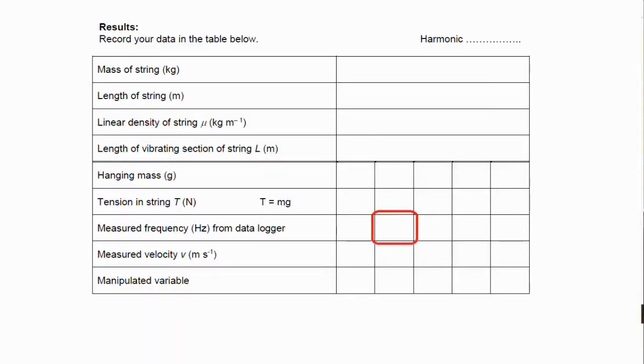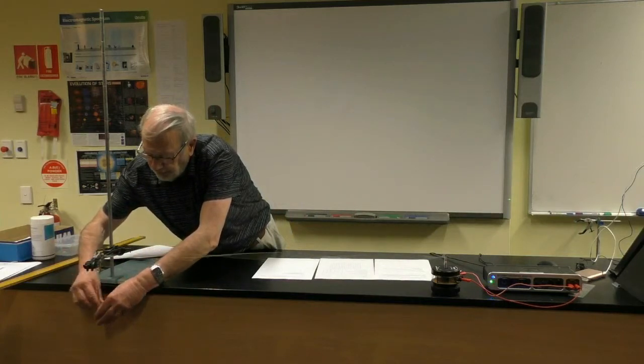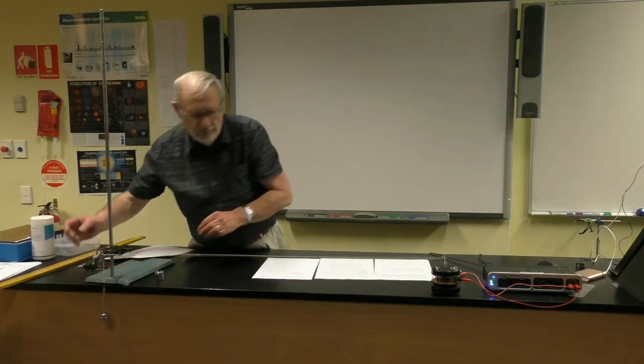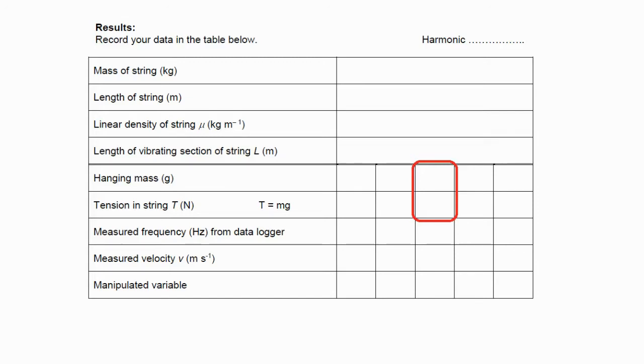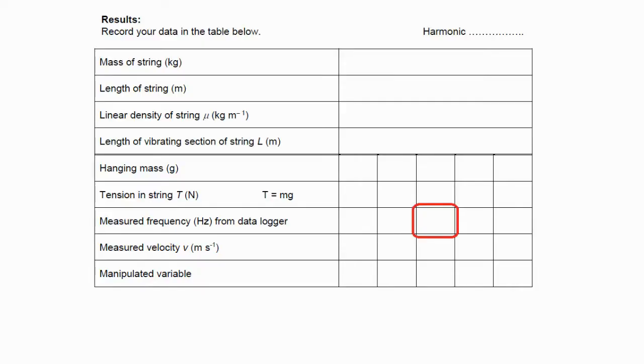I'll now put on another 50 grams and adjust the frequency. So at the moment that says 32, that looks fairly good second harmonic. 32, so that's the next value to write down.